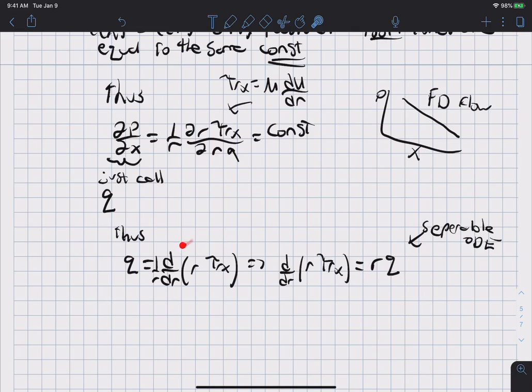Doing that fancy trick with those two stress terms to turn it into this perfect derivative turns this into a very easy to solve separable ODE, where you just integrate both sides.